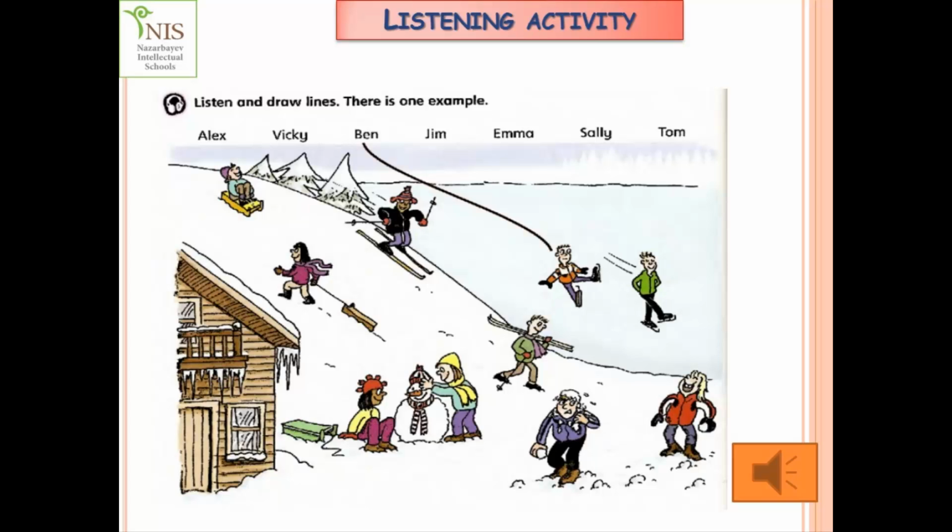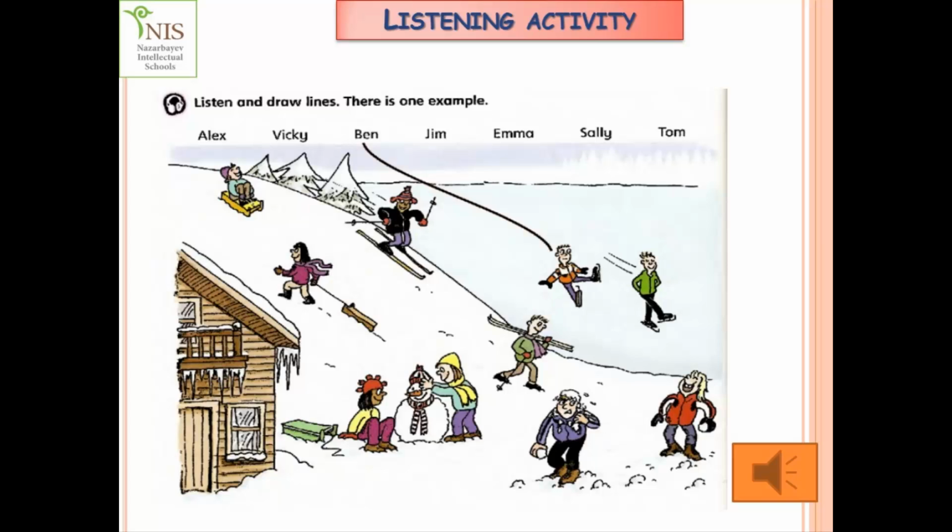Do you mean the girl? No, the boy, of course. Oh, you mean Jim. I'll go and talk to him in a minute. I think he's okay. Now, where's Emma? I can't see her. Who's she? Can you see the two girls making the snowman? Yes. Well, she's the one who isn't wearing gloves. Oh, right. Is that boy good at skiing?